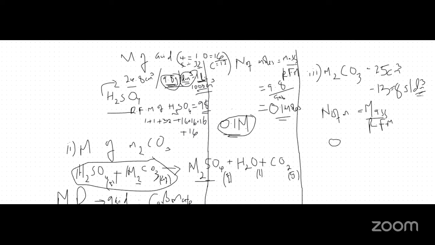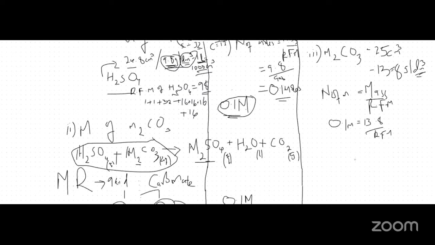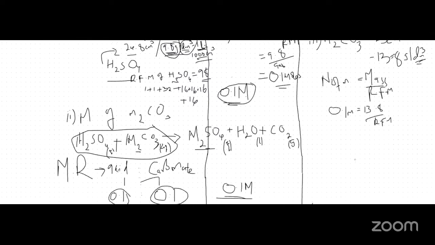So we have 0.1 moles is equal to the mass, which is 13.8, over RFM. So you can solve this one. You can cross multiply. This one actually, we normally say any number that does not have anything is over 1. So then you cross multiply.